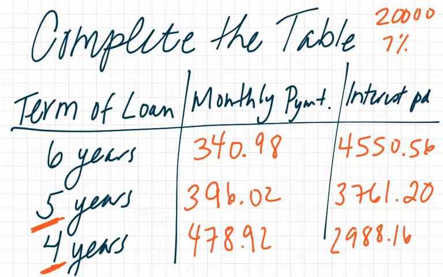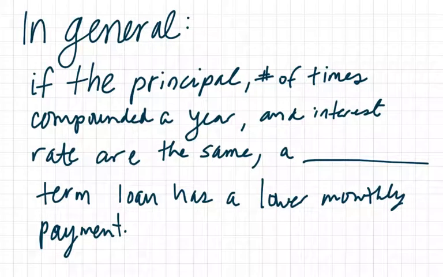But if you look at it, if I have a longer loan term, my monthly payments are smaller because I get to pay the same amount over a longer period of time, so I pay less at each monthly payment, but I end up paying more interest overall. So we can state that in general, if the principal, the number of times it's compounded a year, and the interest rate are the same, a longer term loan will have lower monthly payments.